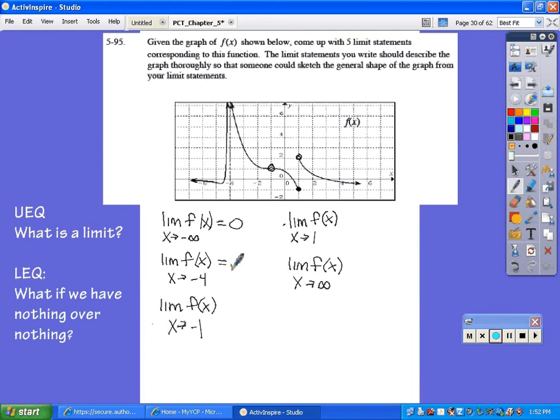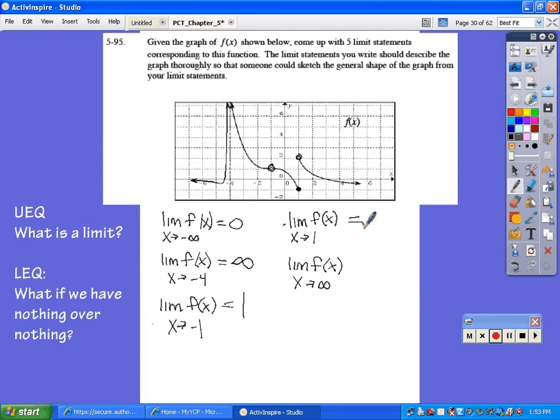As we go to negative 4, trace my finger from the left, from the right, I'm actually going to positive infinity. They're both approaching the same value. That's the first time we've seen that with the vertical asymptote. What about approaching negative 1? Negative 1 from the left, from the right, I'm going to the same place, I'm going to positive 1.